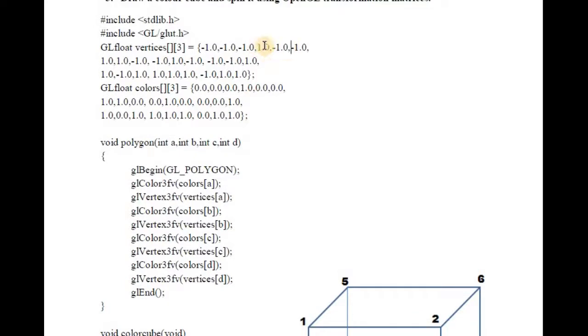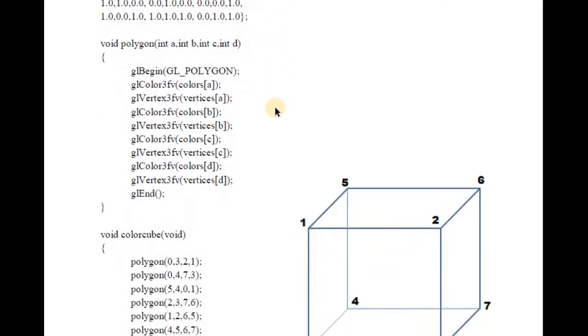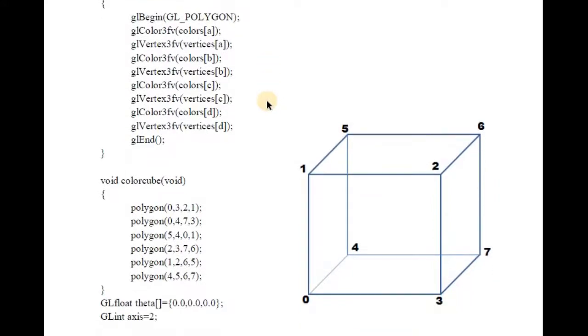Okay, 1, -1, -1. So here, x is positive, so this point is 1, -1, -1.